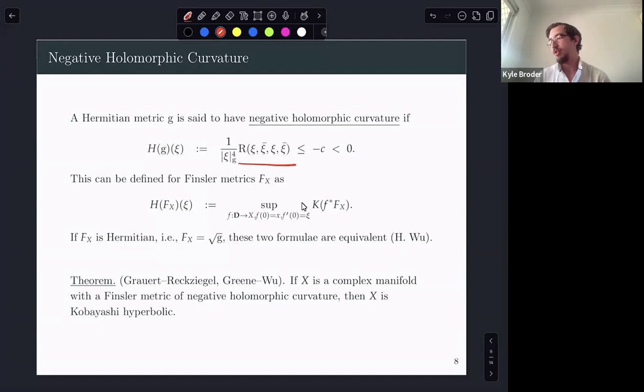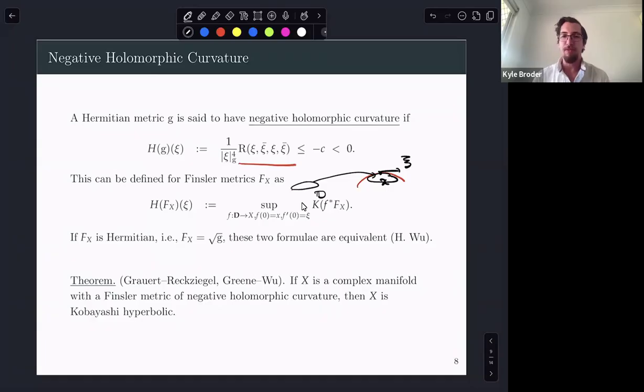A very nice observation due to Wu was that this can actually be defined for arbitrary Finsler metrics. And if the Finsler metric is Hermitian, it coincides. So what one does here is, let's say we have a piece of our manifold, and I take a point x, and I have a given tangent direction xi. Then I can look at a holomorphic mapping from the disk into my manifold, such that f of 0 maps to x and f prime of 0 is xi.